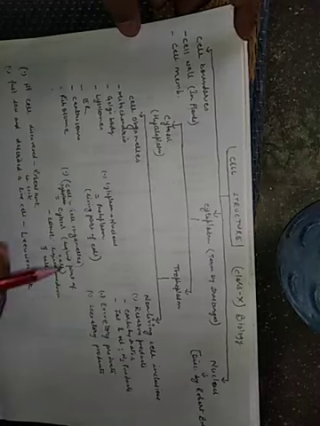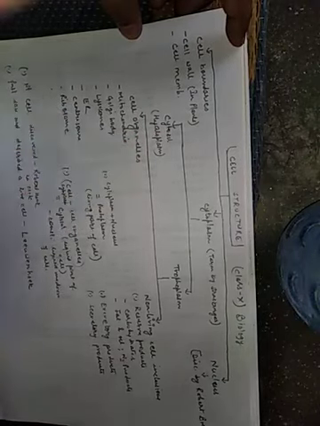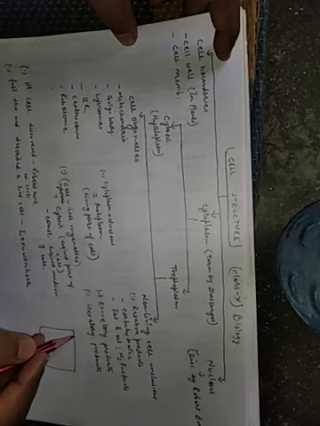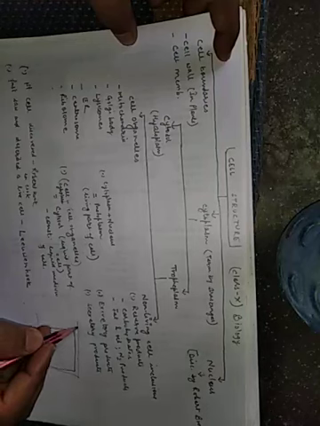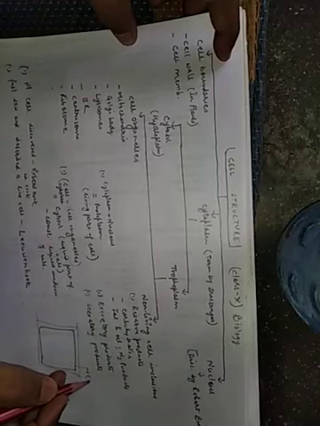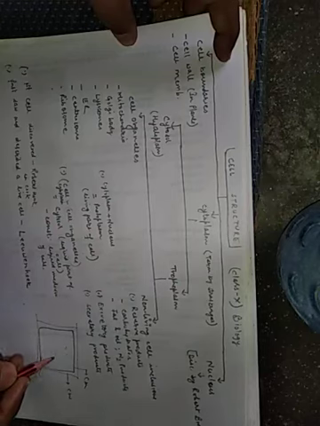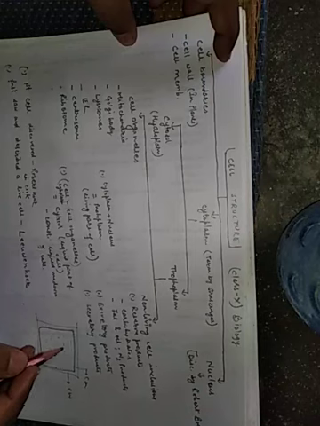Now coming to the cytosol, that is hyloplasm. Cytosol is the living matrix of the cell except the organelles. So if this is a cell, this is the cell wall, this is the cell membrane, and inside the cell we have a cytoplasm, and we have a nucleus also.